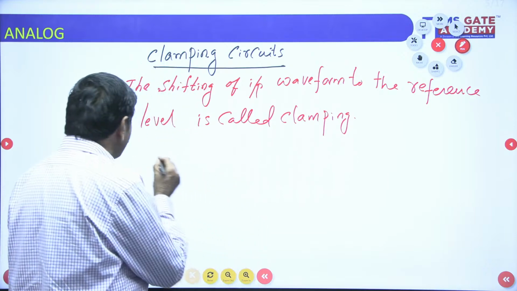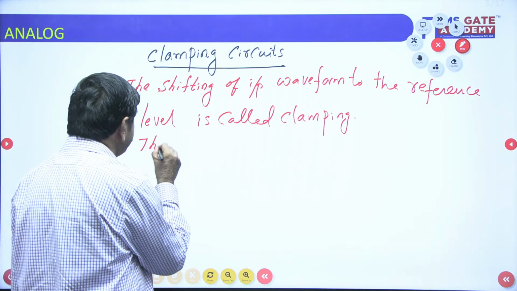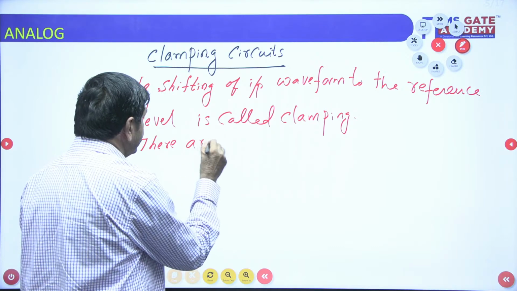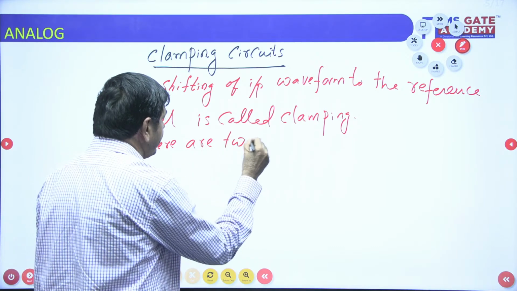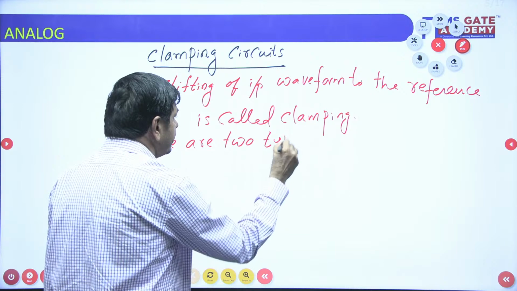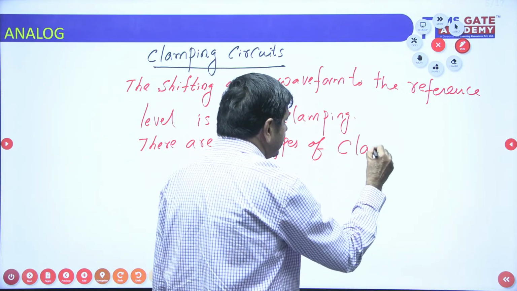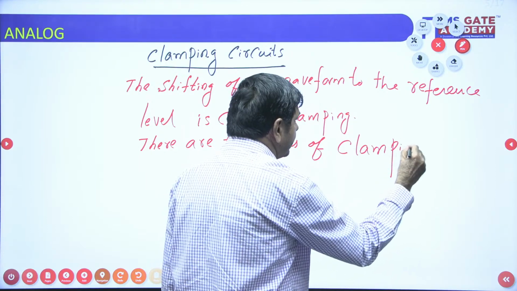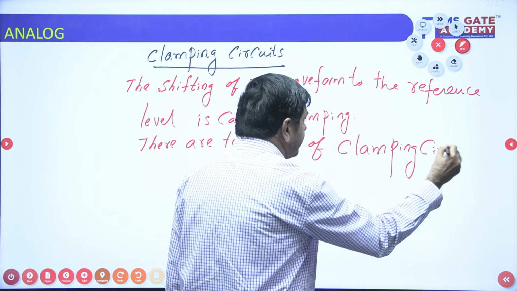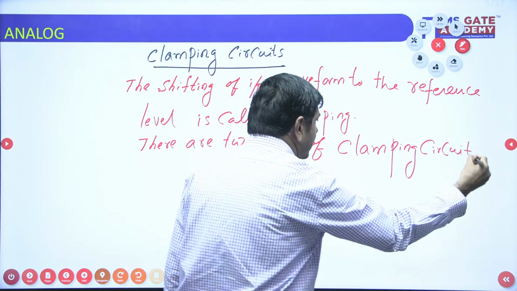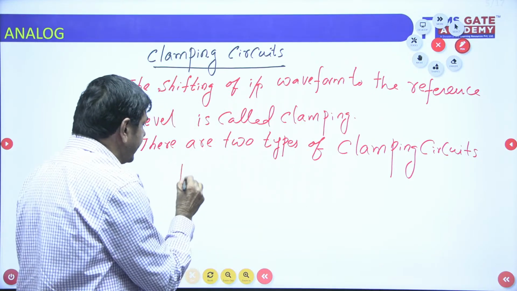How many types of clamping circuits means we can write: there are two types of clamping circuits. First one is said to be negative clamping.